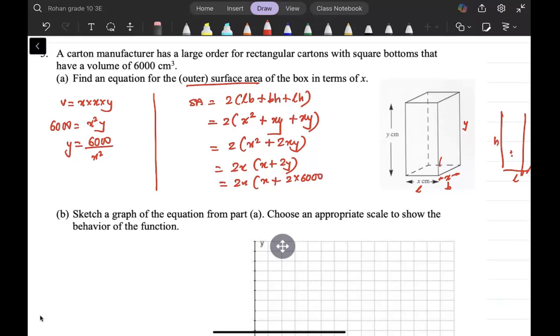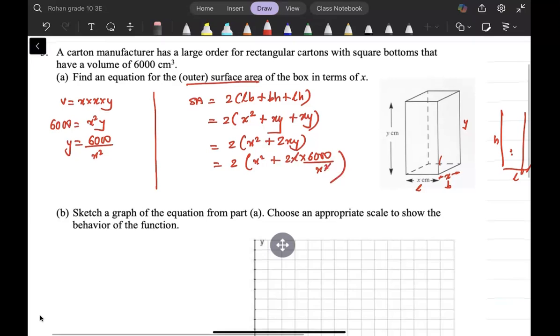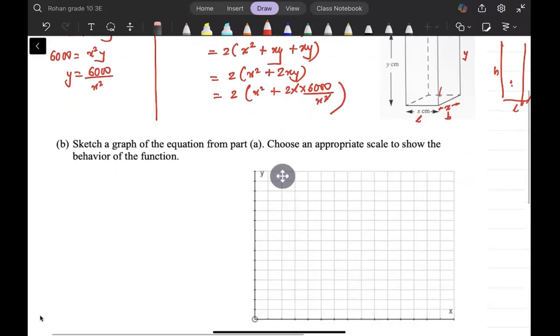6,000 upon x square. You could have left it inside here. Okay, substitute. 2 x square plus 2x and 6,000 upon x square. You could have left it so that I can cancel this off. So what will this become? 2 x square plus 12,000 upon x.